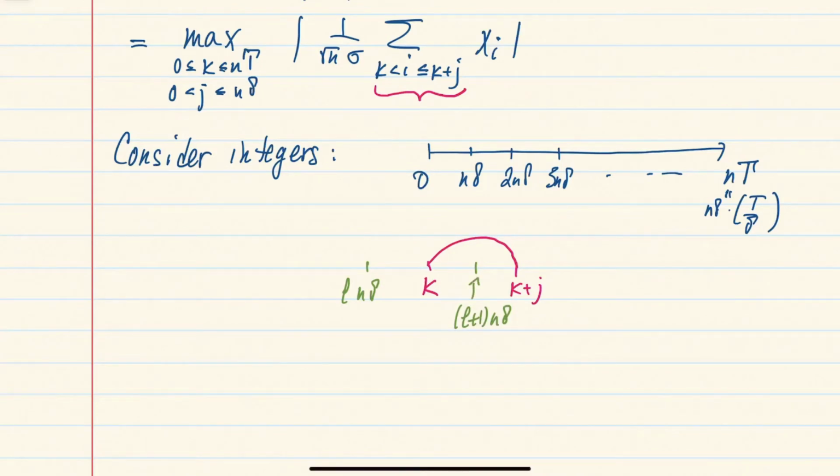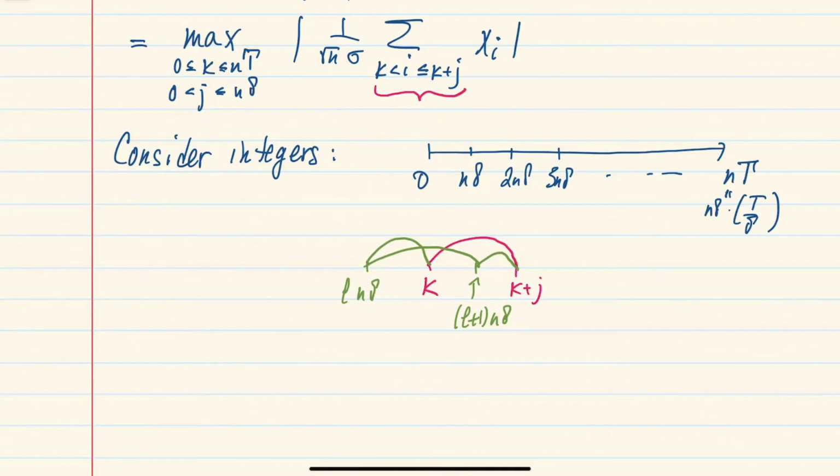Okay, and then what we'll notice is that you can represent this sum between k and k plus j as a combination of this sum here, then this sum here, and then this sum here.